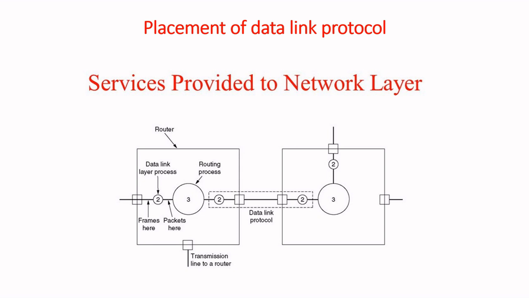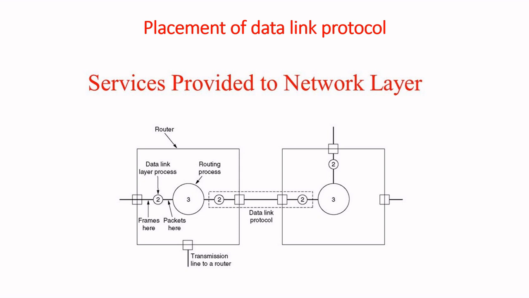In the first block, on the left side, there are frames, and after that the data link layer processes the frames, and after that they are converted into packets.